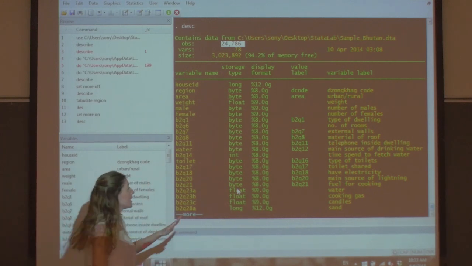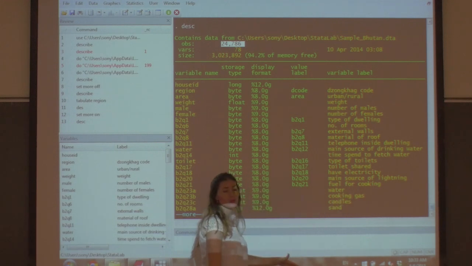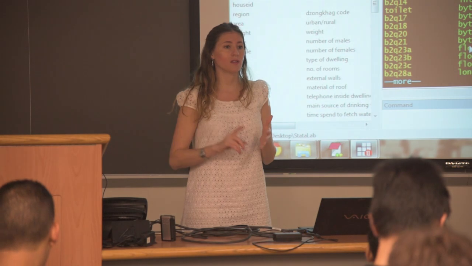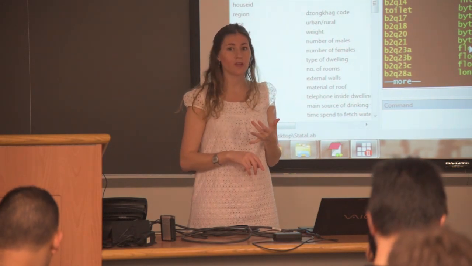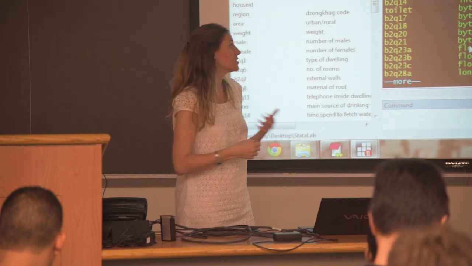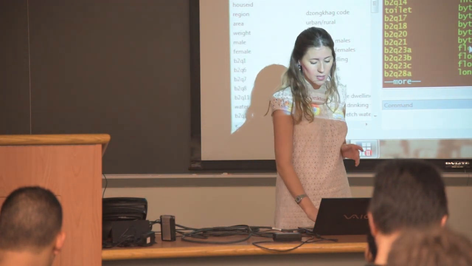In many cases, you don't have labels. And if you don't have labels, you have to go back to the documentation from the survey, to the questionnaire and to the dictionary that sometimes is available, or to any methodological document. But in the data sets that we are going to be sharing with you, labels are always there.